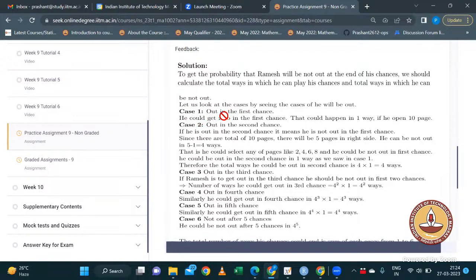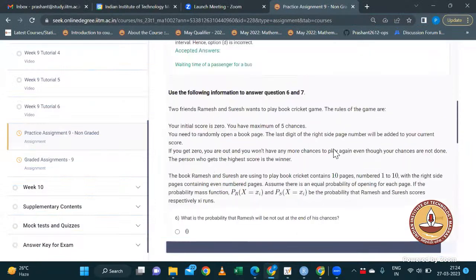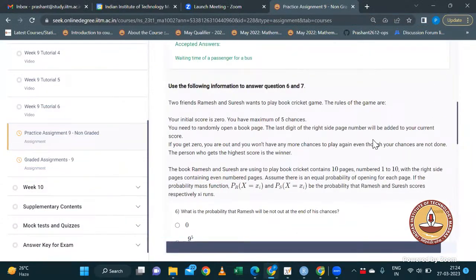Now, case one: suppose he is out in the first chance. In how many ways will he be out in the first chance? One way, he opens page 10. As you can see in the question, we have to consider the last digit of the right side page.